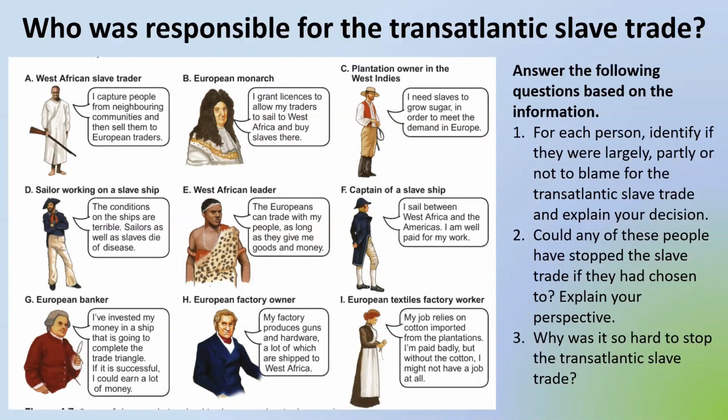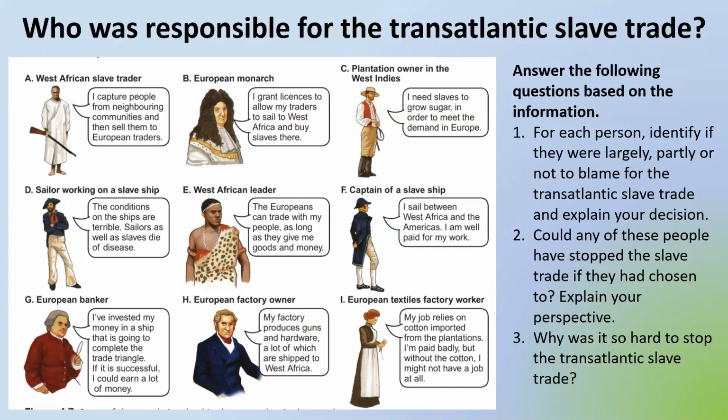Again, for each one, go through and decide to what extent are they to blame. Secondly, could any of these people have stopped the slave trade if they had chosen to? At any point, could any of these 9 people have chosen to stop the slave trade? Who do you think? And tell me why.